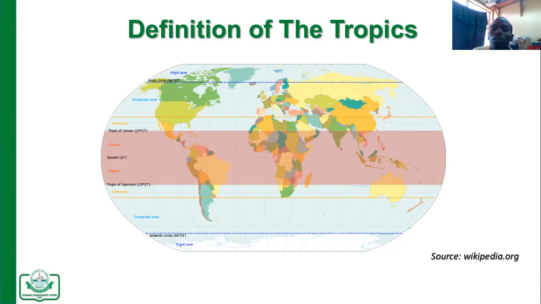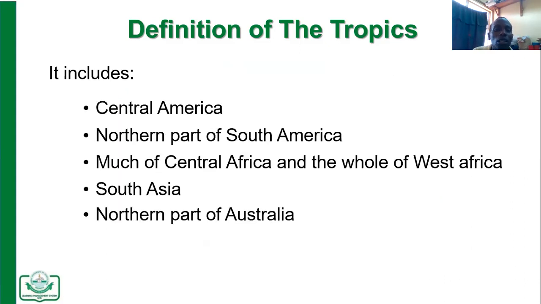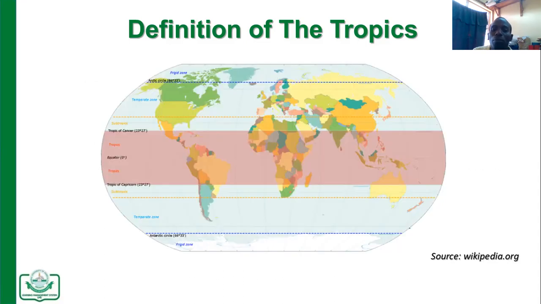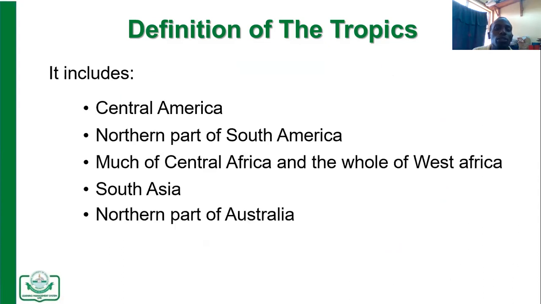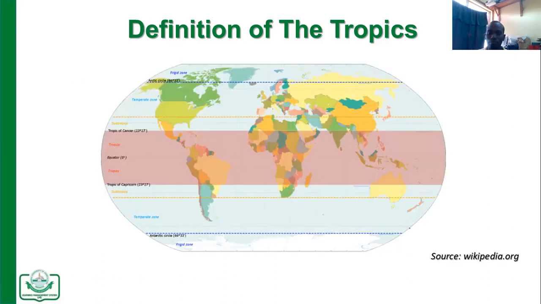within the tropics. Other areas also include South Asia. From the map, you see the southern part of the Asian continent is found within the tropics, as well as the northern part of Australia. I hope you can still recall that Australia is a continent on its own.